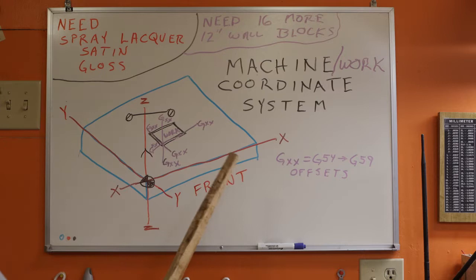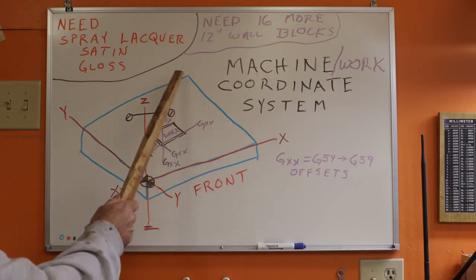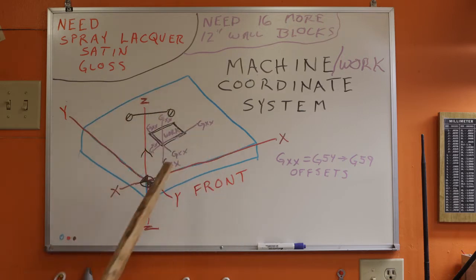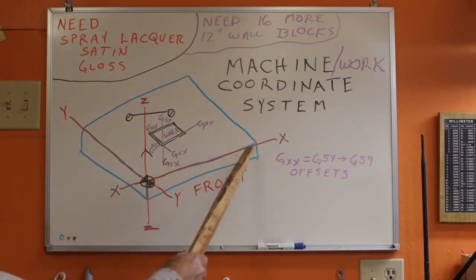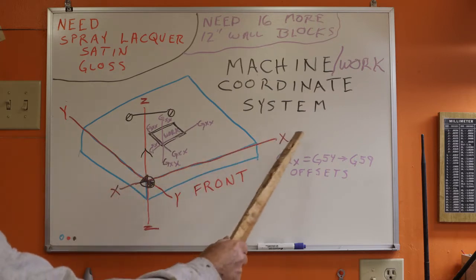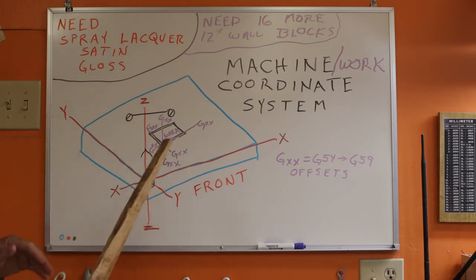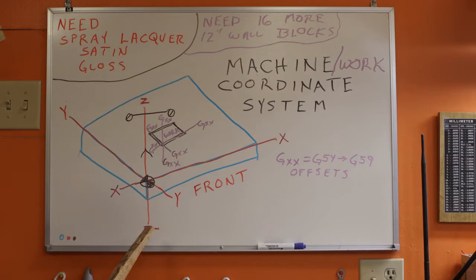So the blue here is the machine. If you can envision, the bed of the machine is all in the blue. And if you drew out X, which is the front of the machine, and then the Y-axis, like from front to back, and then the Z-axis is up and down, you end up with the machine coordinate system right here.